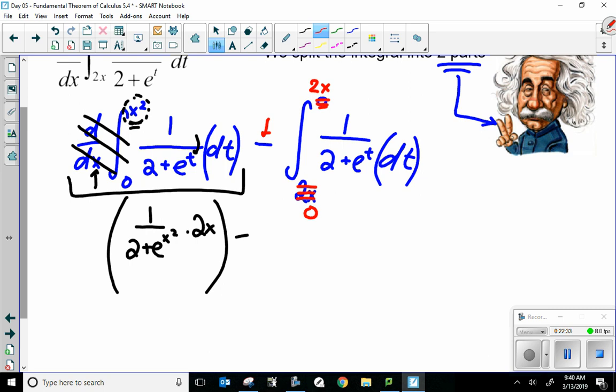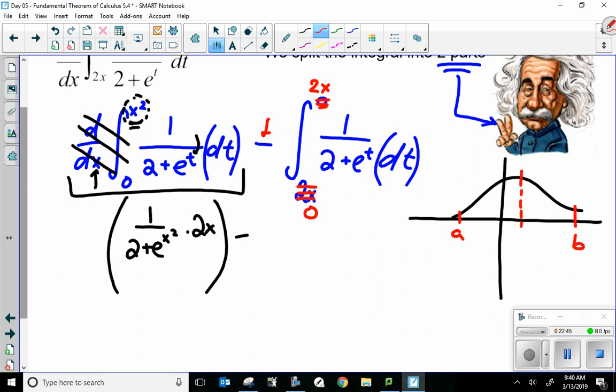When I was doing this graph here, you may have had the question: let's say this was A, and this was B, and this was C. When I take the integral of this area from B to A, how come I'm not adding this area from A to C?